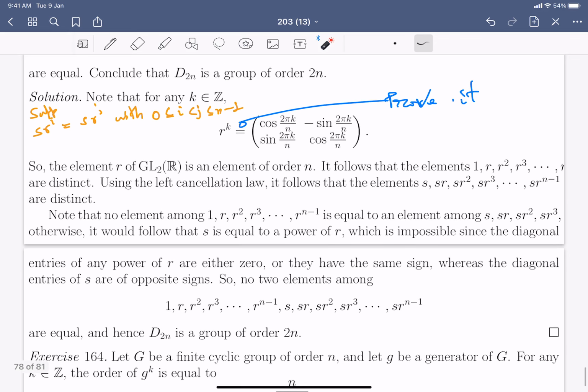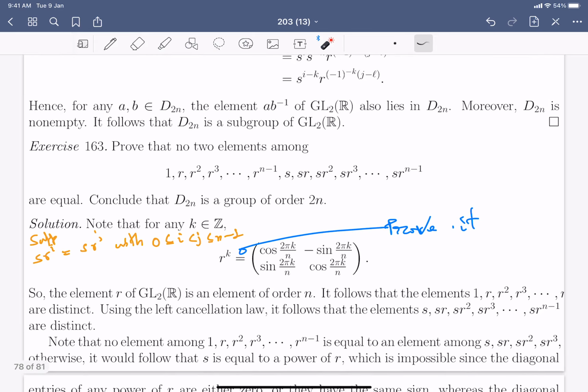Now the claim is that we are supposed to show that these elements are distinct. We know that among the first n elements there is no repetition, all the elements are distinct, and the last n elements are also distinct.